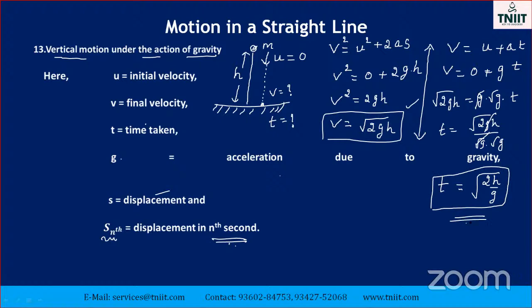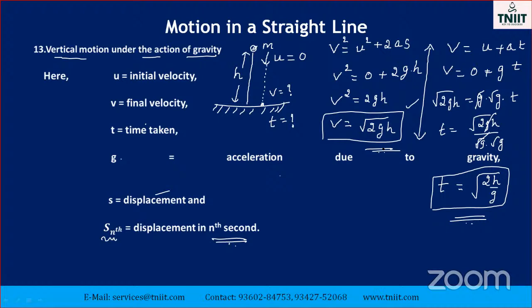Please remember these two important formulas, students. Whenever the particle is dropped from a certain height with initial velocity 0, what is the velocity v? v is equal to root of 2gh, and the time taken by the particle is given by root of 2h by g.